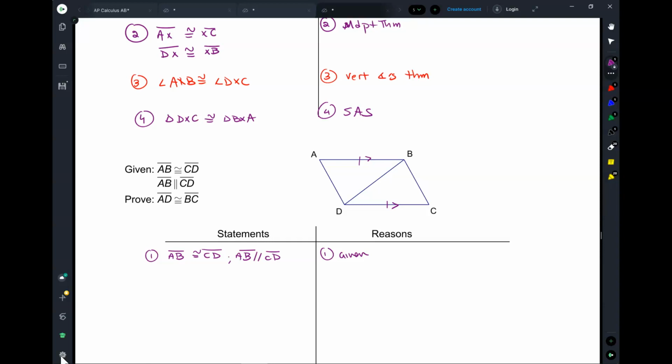What else is congruent here? Wait, what are we trying to prove? We're trying to prove AD is congruent to BC. We're not trying to prove the triangles are congruent. We're trying to prove that the sides are congruent. So guess what the strategy is?